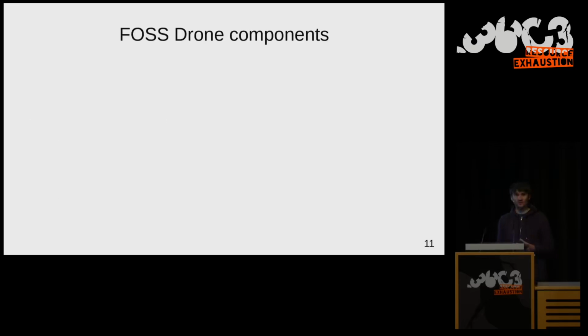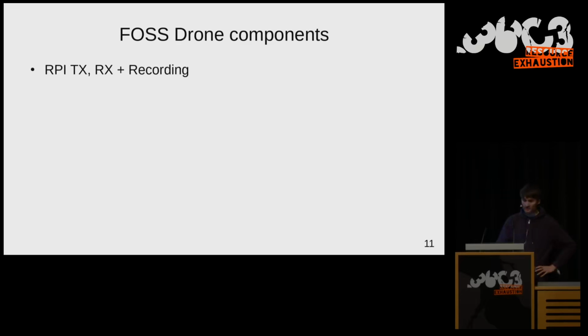Now, Wifibroadcast is actually agnostic to the data it transports. You just pipe data in and it falls out on the other side of the channel, so to say. This on its own is not very useful, and therefore I developed some components that kind of complete the drone application.